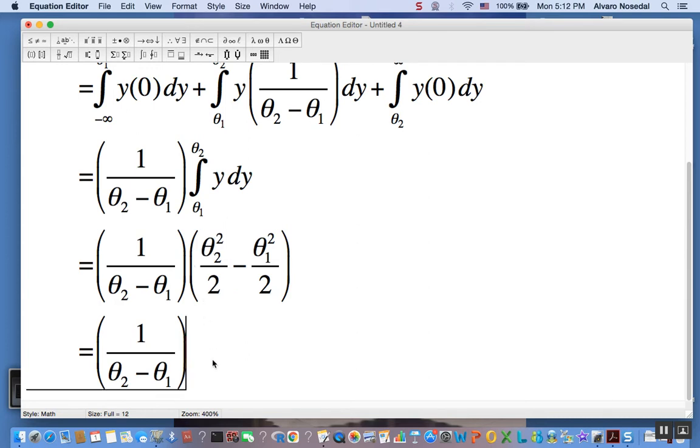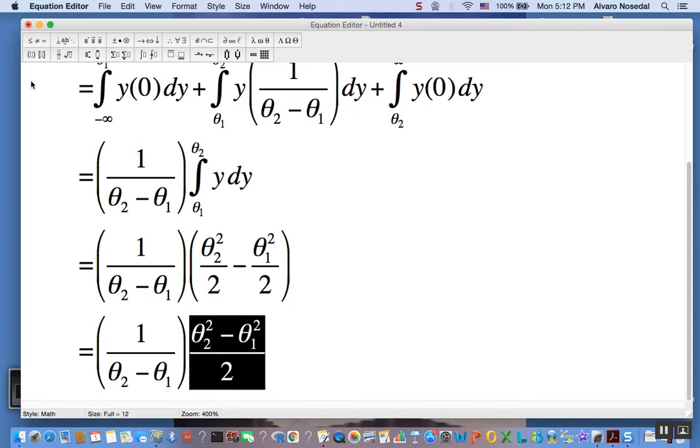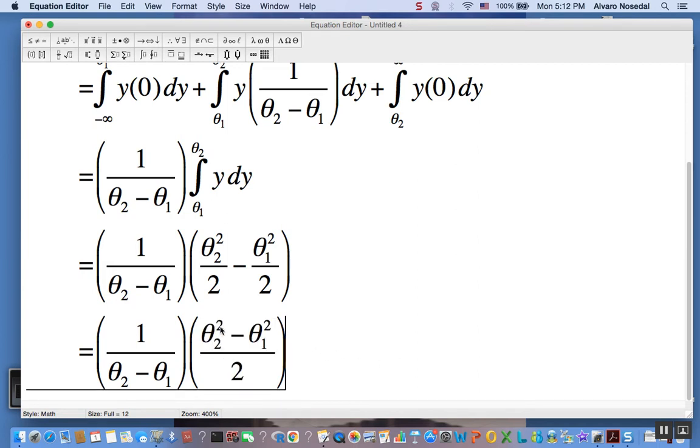Okay, so let me write it down like this. As you can see, 2 would be our common denominator. We could rewrite this like that, theta 2 square minus theta 1 square, both of them divided by 2, right?